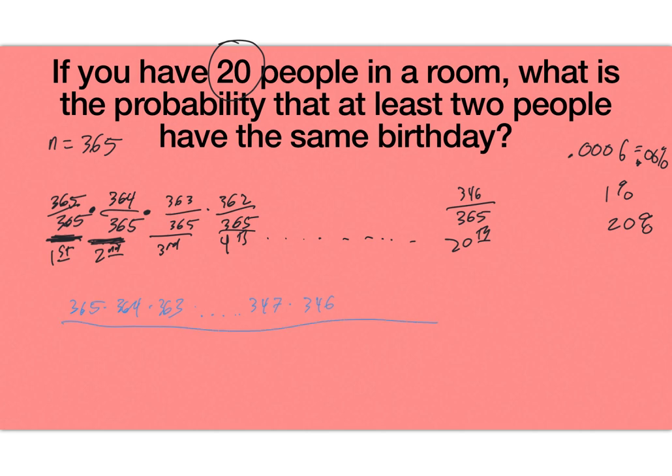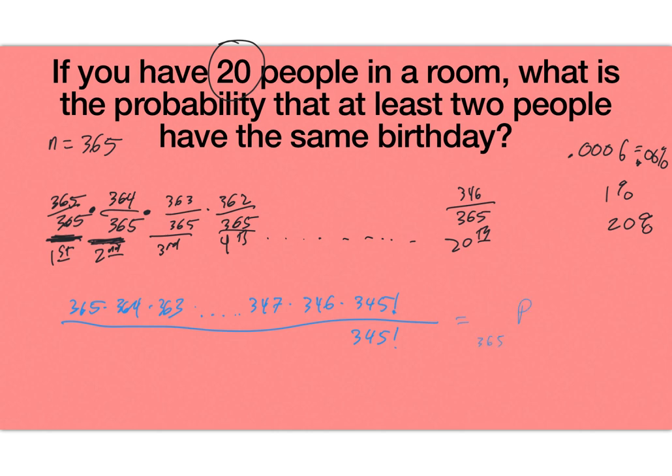If I were to say 345 factorial over 345 factorial, those would reduce, leaving me just these numbers. And that is permutation.